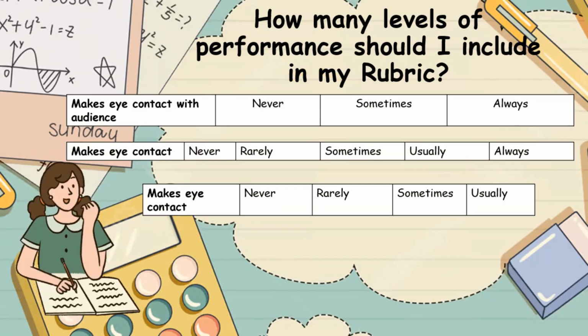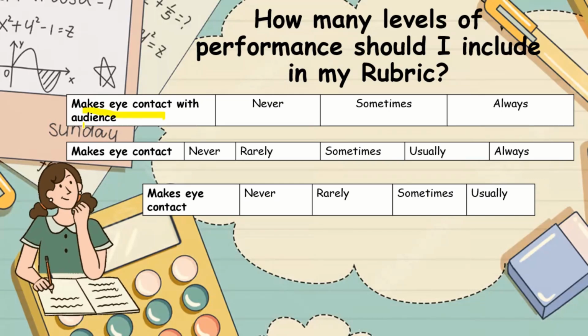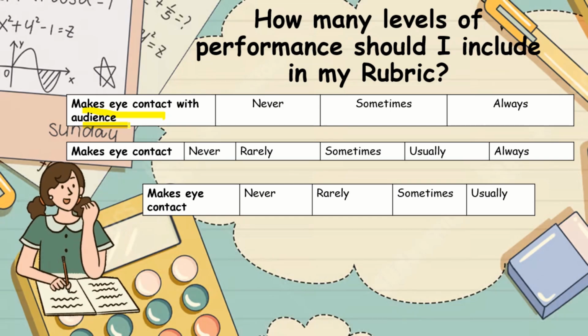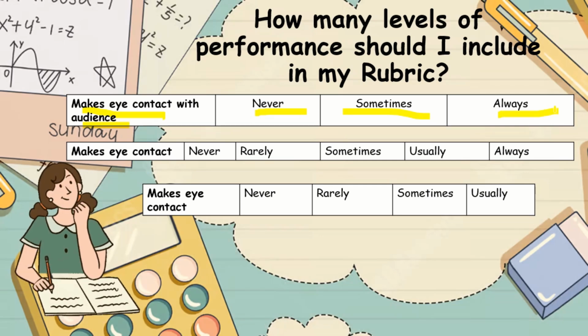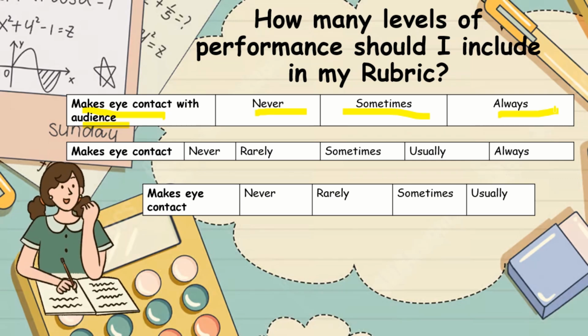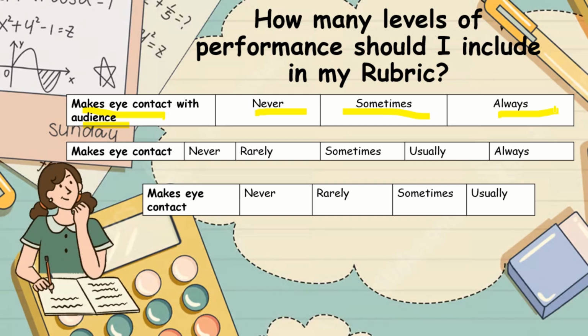For example, in an oral presentation rubric, amount of eye contact with the audience might be an important criterion. The performance on that criterion could be judged along three levels, that is never, sometimes, and always. Although these three levels may not capture all the variation in the student performance on the criterion, it may be sufficient discrimination for your purposes, or at the least, it is a place to start.